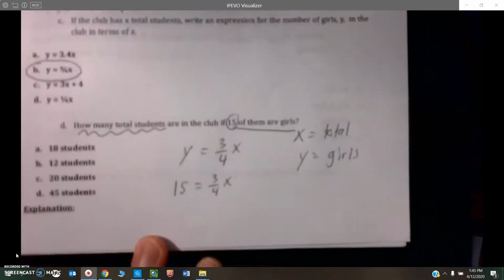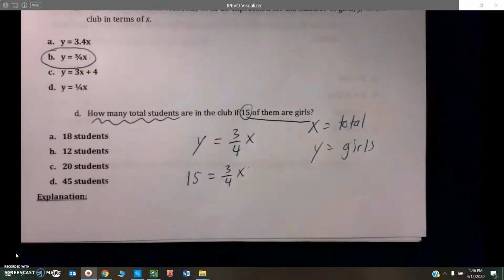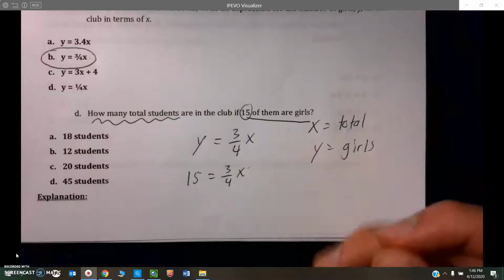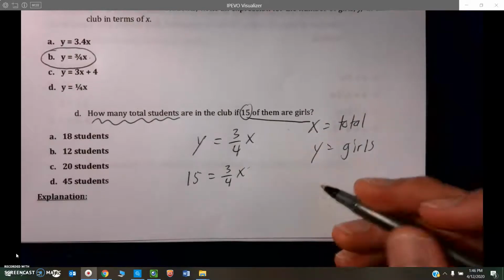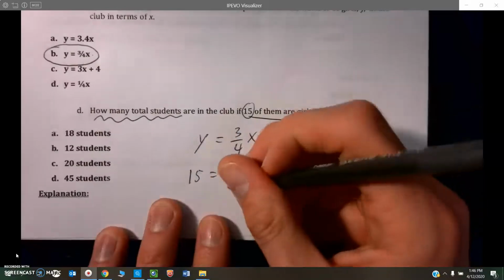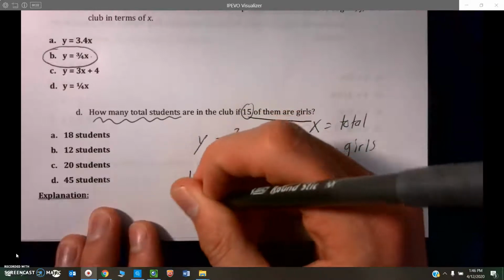So whenever I need to solve for a variable, I need to do inverse operations. So a number next to a variable, that notation, is multiplication. So 3/4 times what is 15? I will have to divide by 3/4 to find that answer.